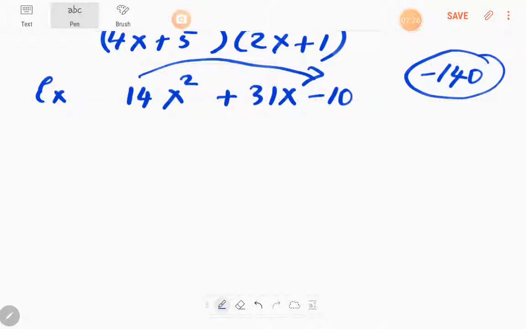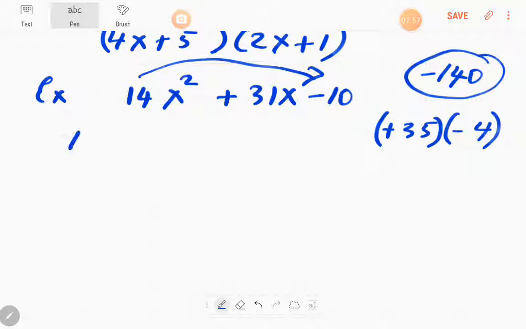So I need 2 numbers that multiply to give minus 140, and add or subtract to give 31. So 35 times 4 would give me 140. Now the sign of the b is plus, so the bigger number gets the plus sign, and the 4 would get the minus sign. So 35 times the minus 4 is minus 140. And if we add 35 and minus 4, we get 31.